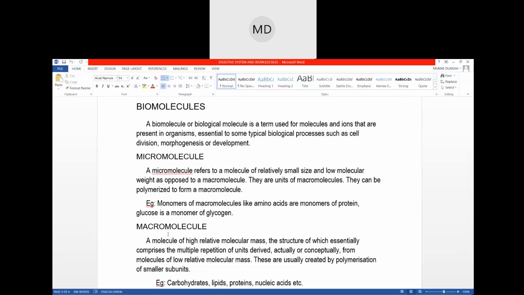So monomers are basically the basic units, single units, of a polymer. A number of monomers react among each other and then they form the polymer. Same for the wall. If you take a normal example, many bricks together form a wall.